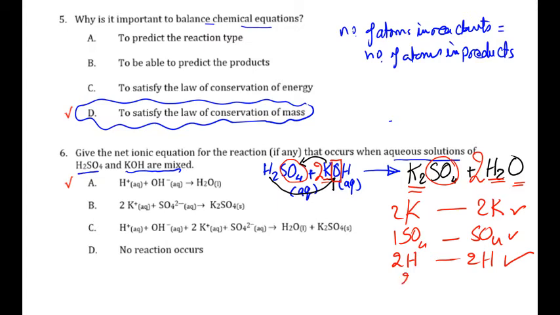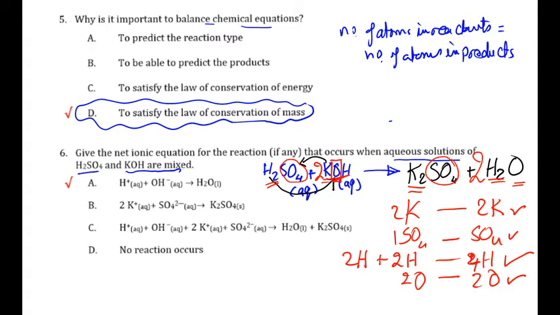So oxygen now is balanced, but hydrogen is not yet. Now I have 4 hydrogen on the right side, and I also have 4 hydrogen on the left side, because I have 2 H from here and 2 hydrogen from the KOH. Now the whole equation is balanced.